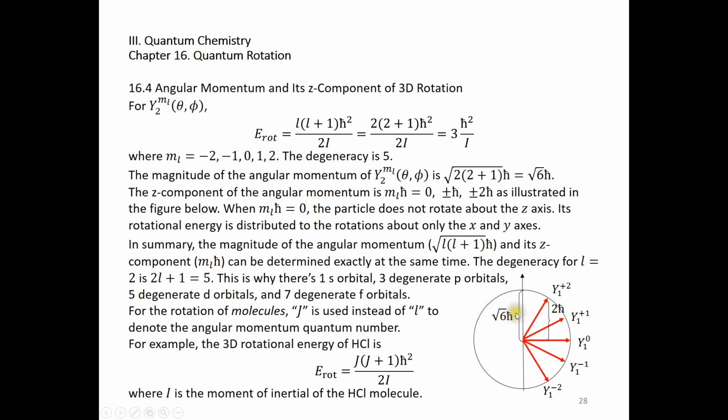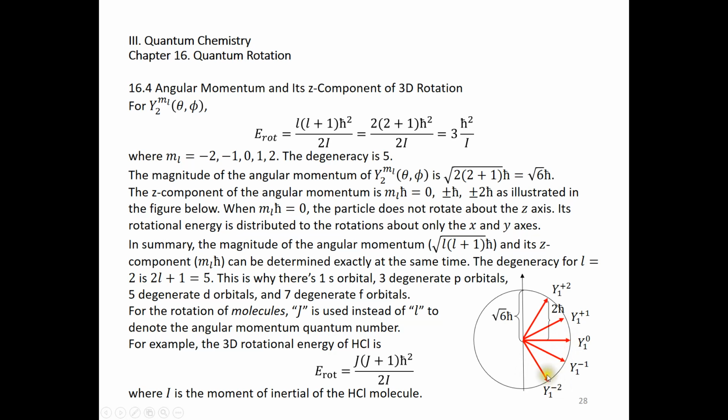The physical meaning of this is the magnitude of the 3-dimensional angular momentum. And now you look at the 5 vectors here, they have different z components. You have 2h bar, 1h bar, 0, negative 1h bar, and negative 2h bar.